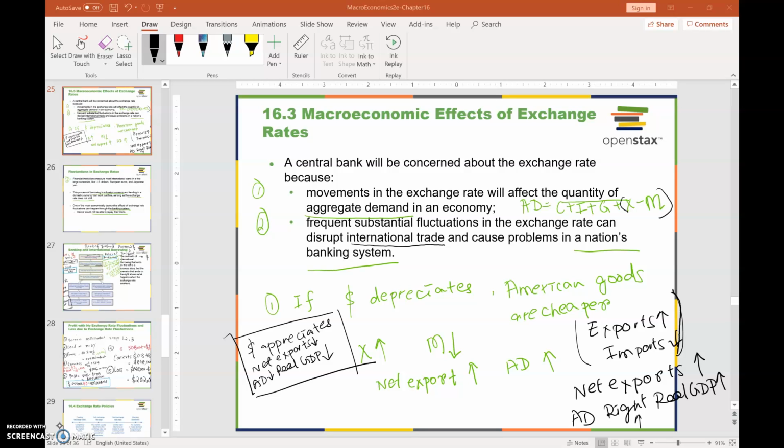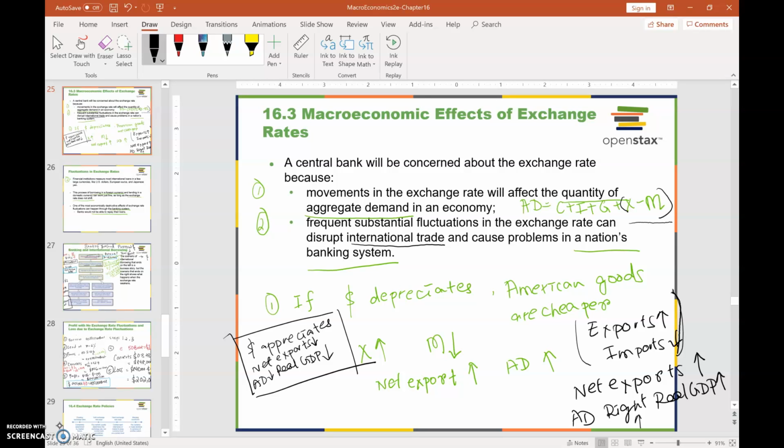Net exports is exports minus imports, which increases as a result of dollar depreciating, and net exports is a component of aggregate demand. This will cause the aggregate demand to shift to the right and real gross domestic product to increase.